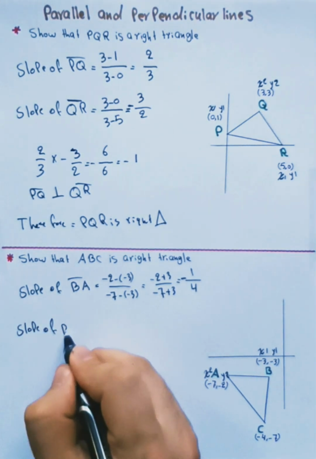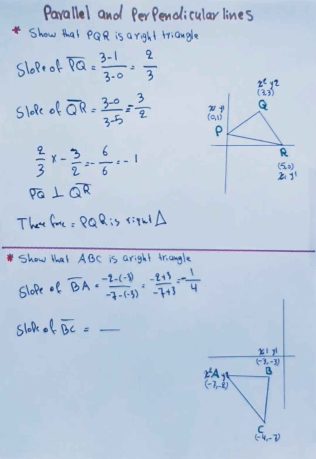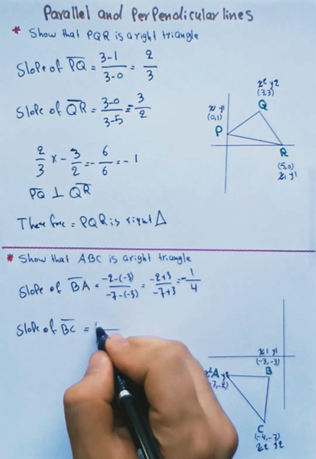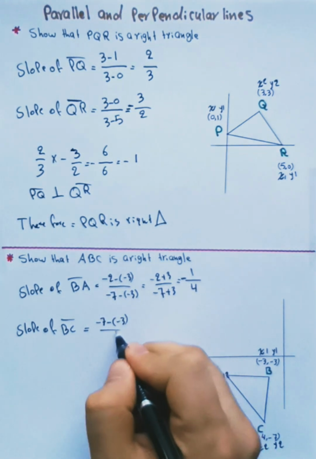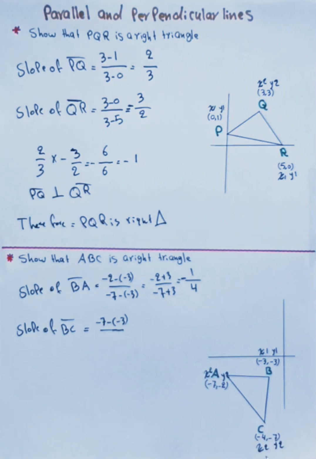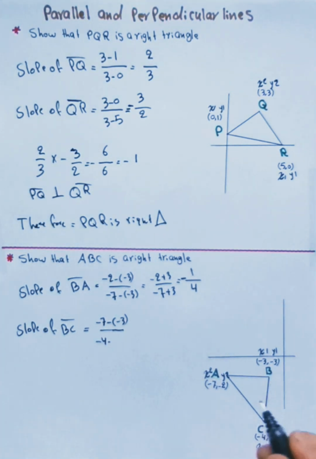Slope of BC equal to y2 minus y1. This is x1, this is x2, this is y2. y2 minus y1, negative 7 minus negative 3, and then x2 minus x1, negative 4 minus negative 3.